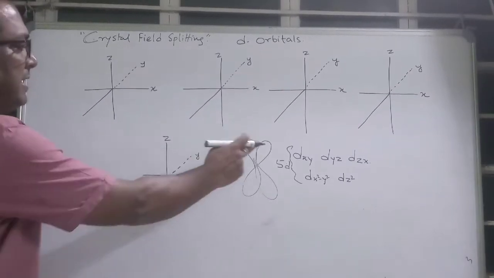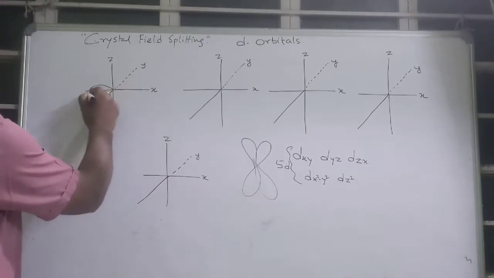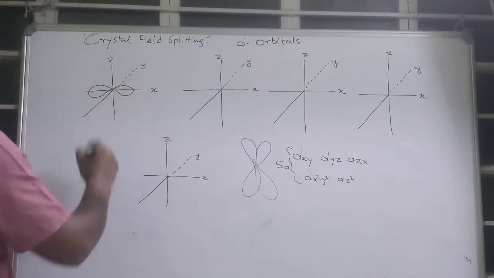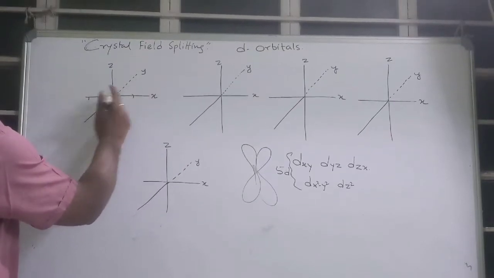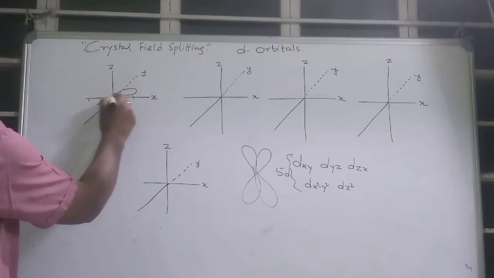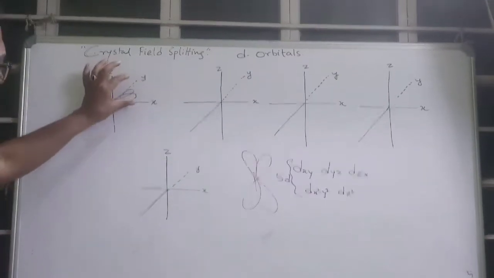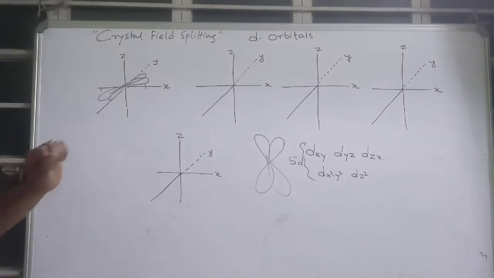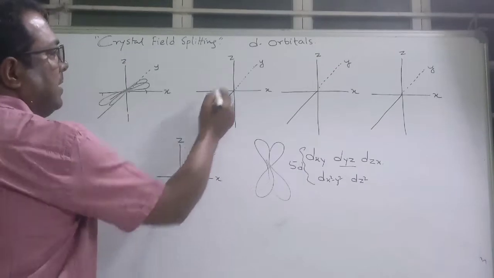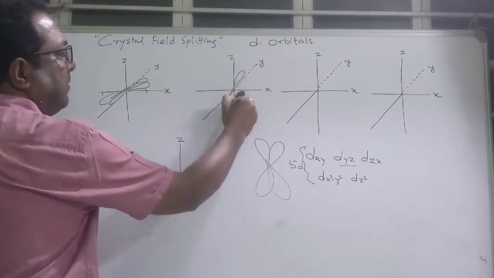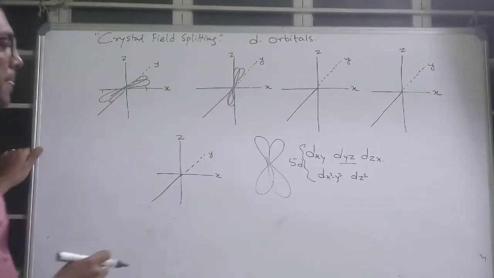When you go for dxy, one of the dumbbells is facing between x and y. When you go for dyz, the dumbbells are in between z and y.